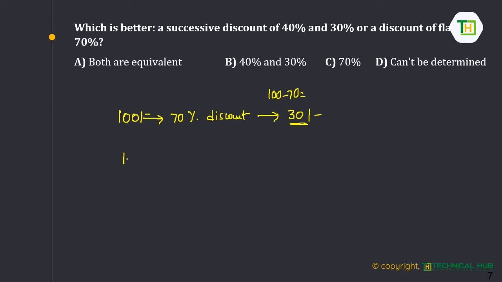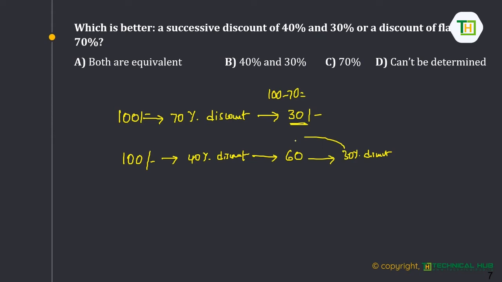Now instead of doing that, I'll take a successive discount of 40 and 30. Initially 100 rupees are there, 40% discount. That means I have reduced it by 40%. That becomes 100 minus 40, and now the value will become 60. From then I have given another discount of 30%. So what is 30% of 60 here?